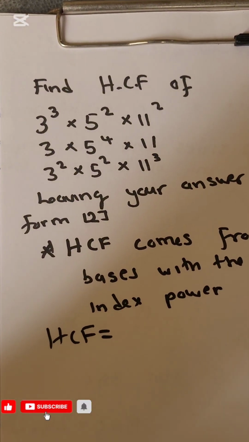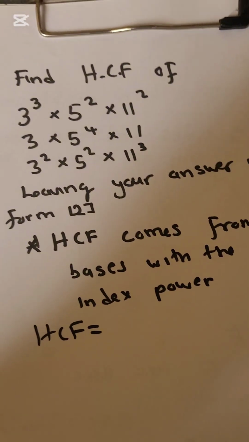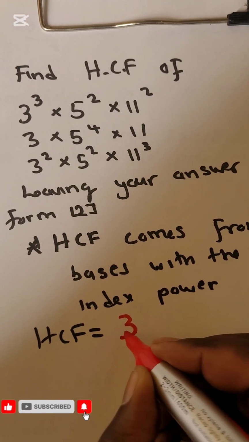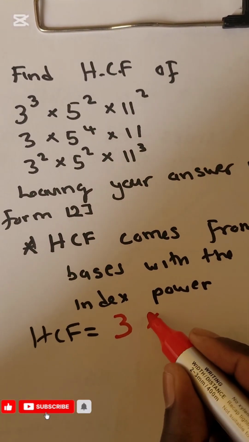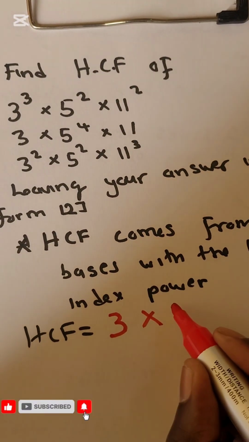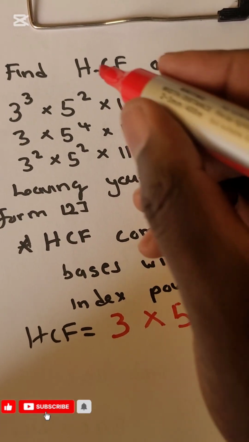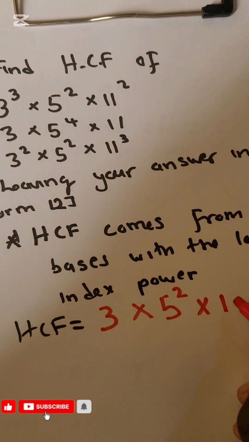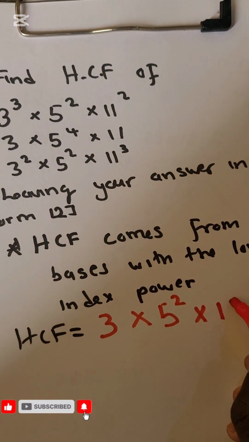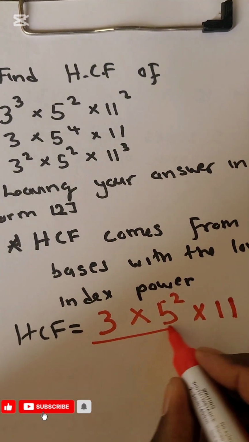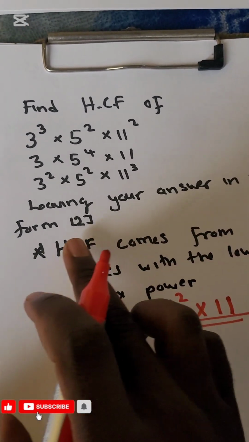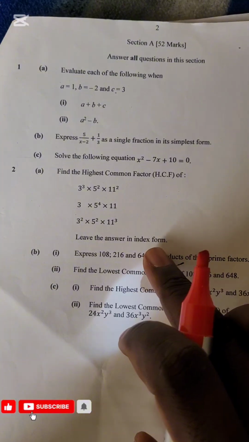So the HCF is 3 multiplied by 5 to the power of 2, multiplied by 11. That's our HCF. Remember the question says to leave the answer in index form.